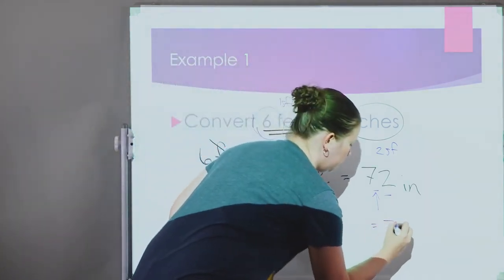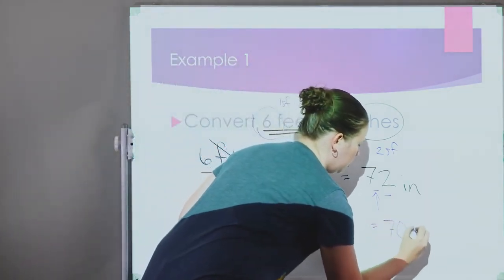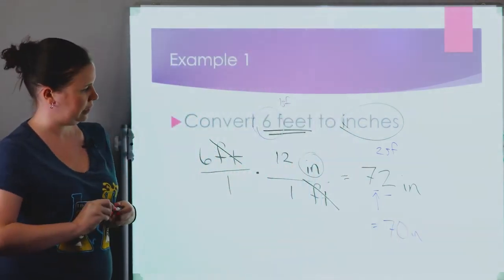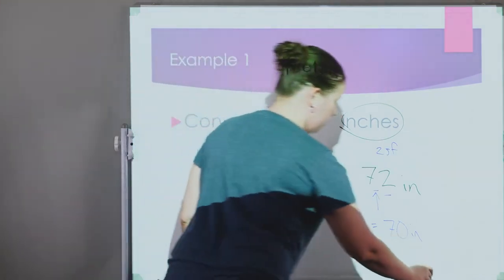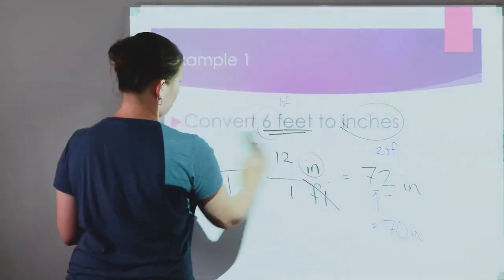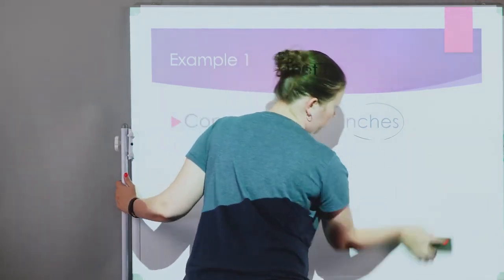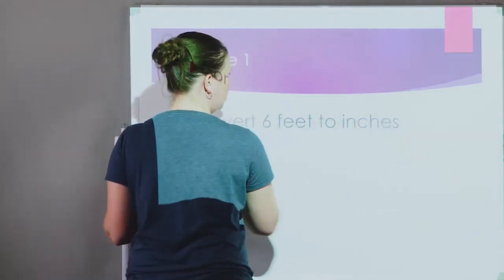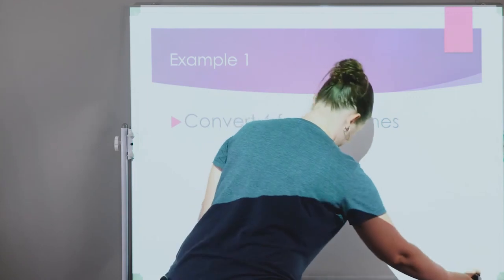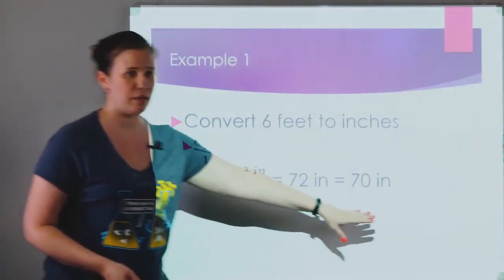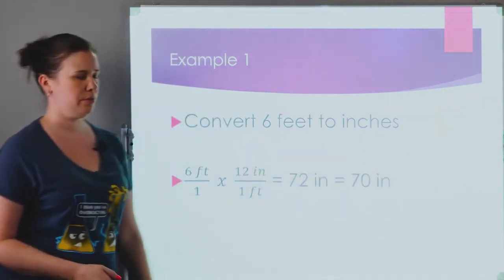So with correct significant figures, this would actually be exactly 70 inches. So yes, 72 in math, but that's assuming it's 6.0, which we don't know. So all we know is whatever it is would round to 70 inches. Final answer with correct significant figures with units.